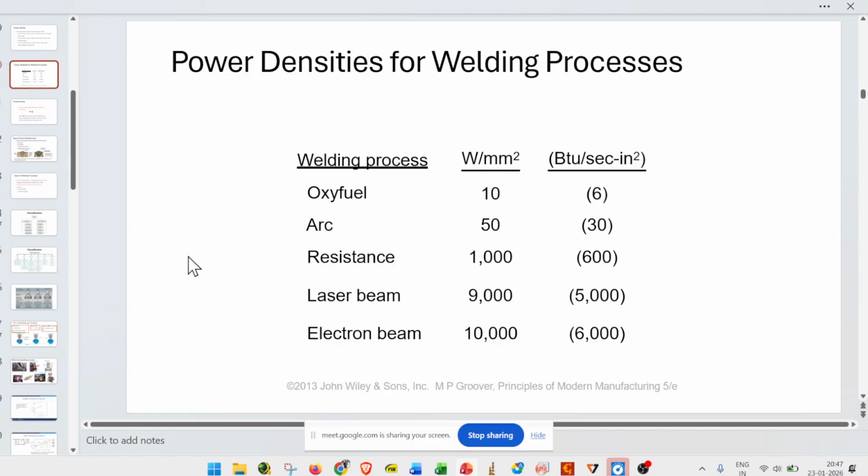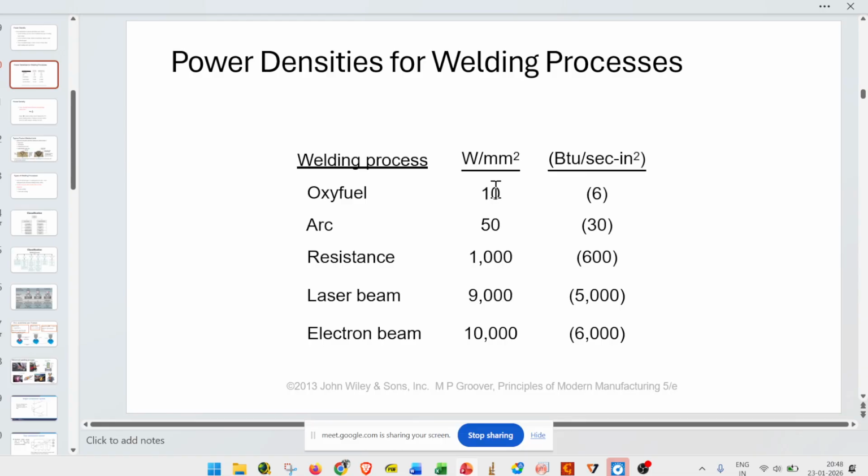Let's proceed further. We have seen the different classifications of fusion welding processes: oxy fuel gas welding, arc welding, resistance welding, and energy beam welding. Each process offers a different power density.